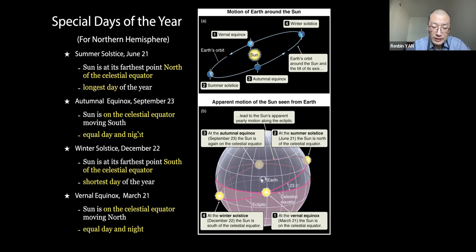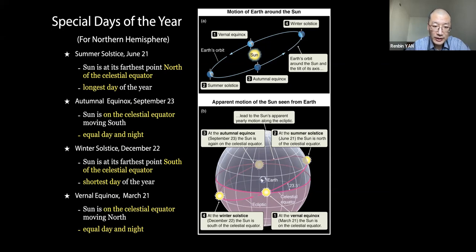And also the day and night are both 12 hours everywhere on Earth. That is why we call it equinox, because on that day, everyone receives the same amount of daytime hours.